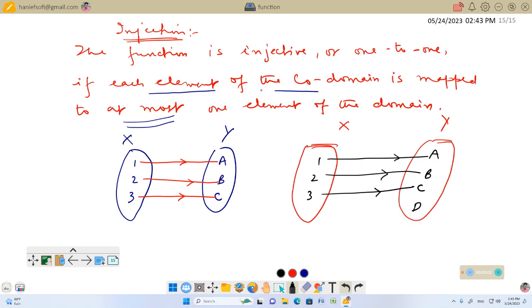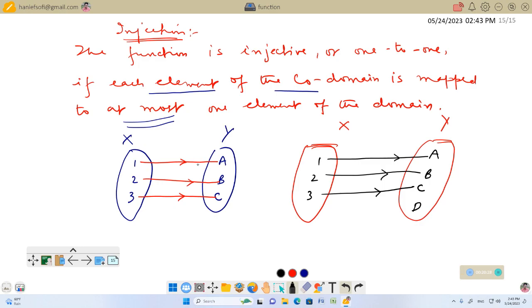If each element of the codomain is mapped to at most one element of the domain. You can see in both situations this condition holds true. In the first situation, A is connected to 1, it is not connected to some other member.